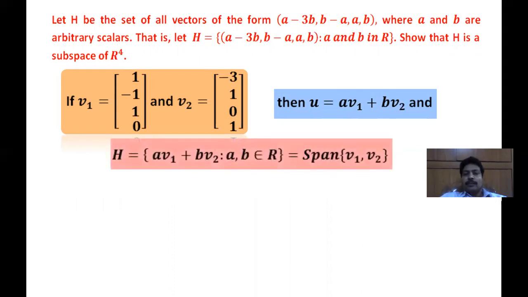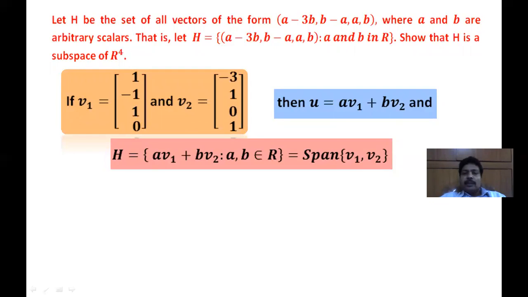The set H can be written as the set of a v1 plus b v2 such that a and b belong to R. This is nothing but span of v1, v2, where v1 and v2 are the vectors given here. So the space given in the problem is equal to span of v1, v2.